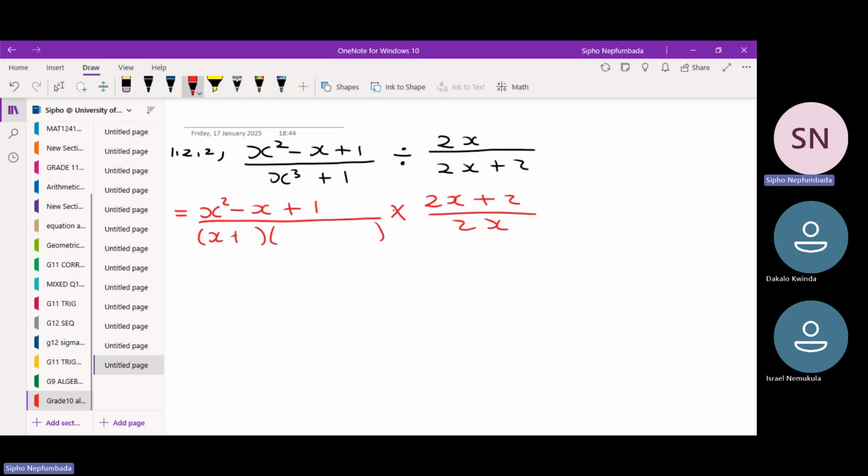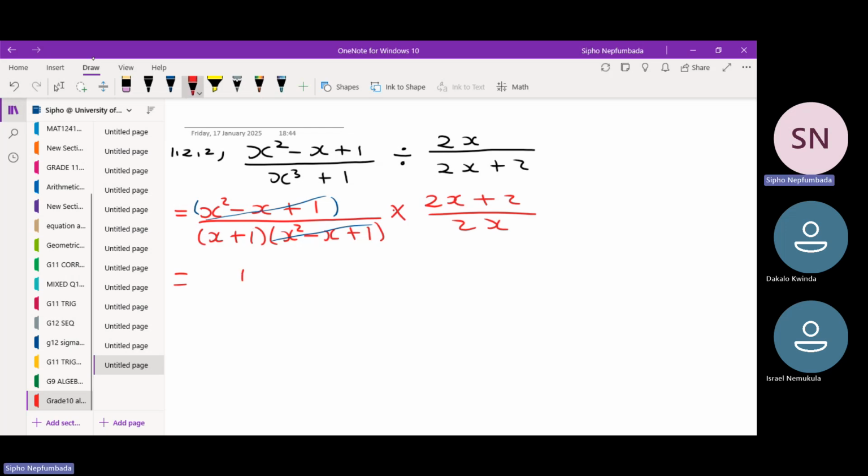So this is x plus 1. This is x squared, this is 1 to the power 2, which is 1. This is minus, this is x. If you check very clearly, you can see that those two are going to cancel each other.